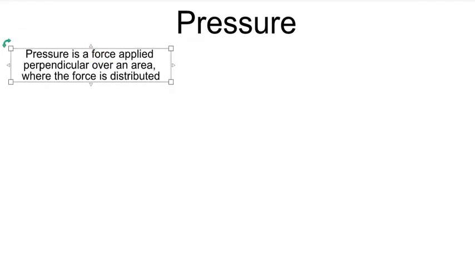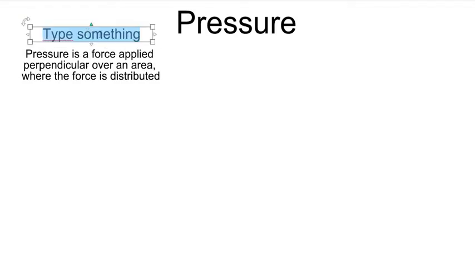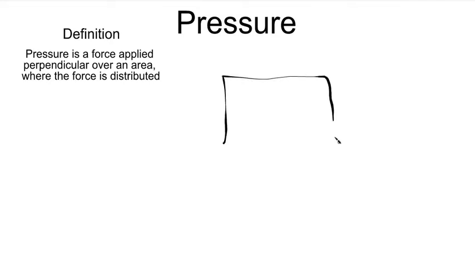So, the basic definition of pressure is a force applied perpendicular over an area, where the force is distributed over that area. So, what does this mean? That means if you have a bucket of water and you apply a force F onto the surface of the water, you applied force onto an area of water.